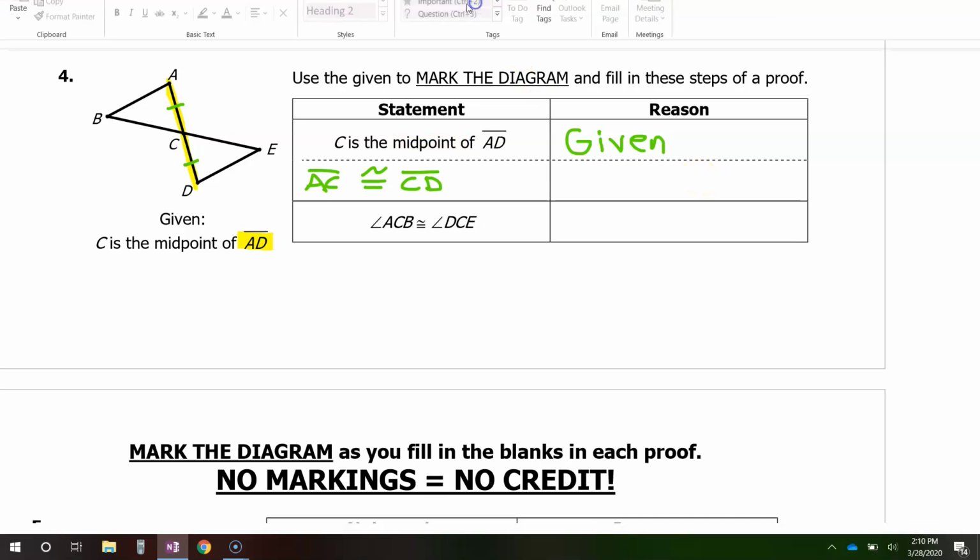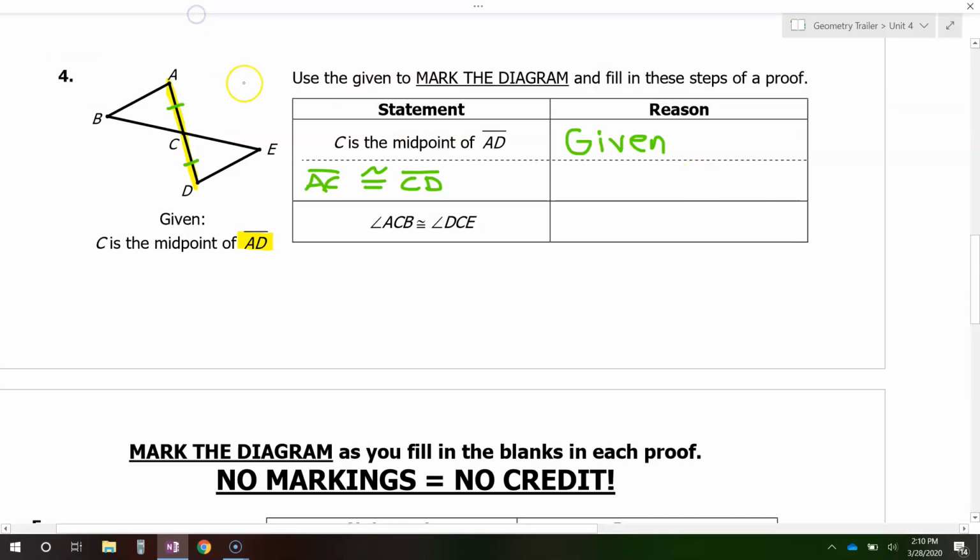All right, every now and then, well, I should say all too often, it'll say midpoint here, and then I'll have a student write definition of bisector. Don't be silly, all right? If it says midpoint on the previous statement, it's probably going to be the definition of midpoint for the next reason. Don't be silly.